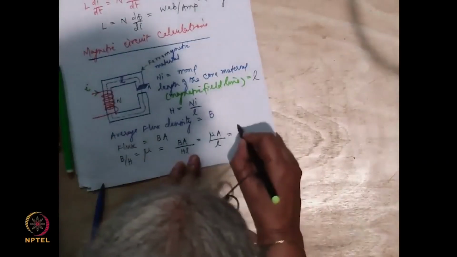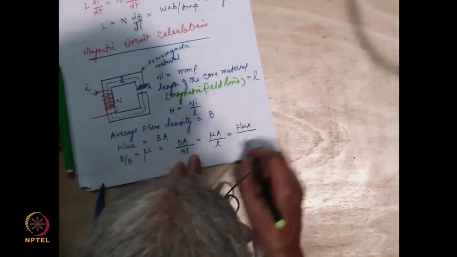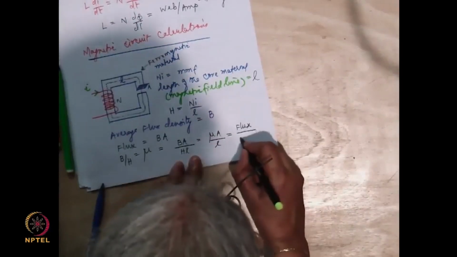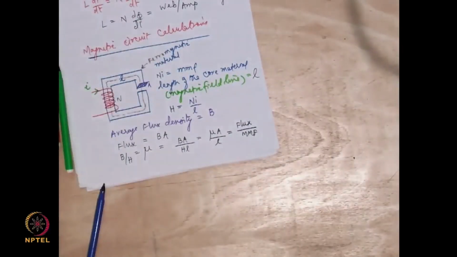This is equal to, on the whole, B multiplied by A is flux, divided by H multiplied by L is MMF. It is very similar to the relationship between voltage and current in an electrical circuit. If I compare an electrical circuit with a magnetic circuit, MMF will be very analogous to the voltage source in an electrical circuit.